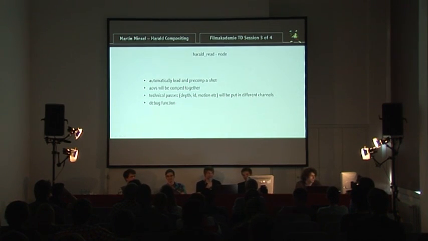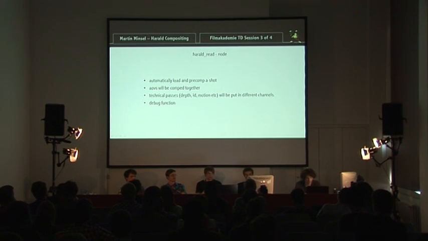So now, what I wanted to present is some compositing tools I did. I'll just say quickly, it's 4 tools I'm going to present. This is the Harald read node, the Harald Z-slice, the Harald ID keyer, and the Harald write node.